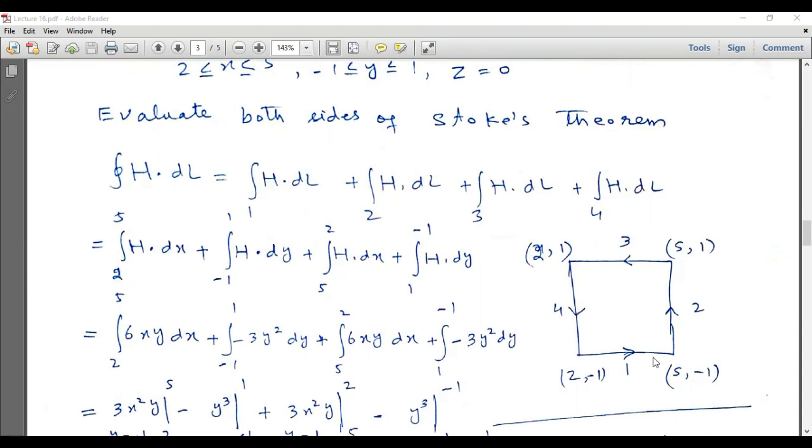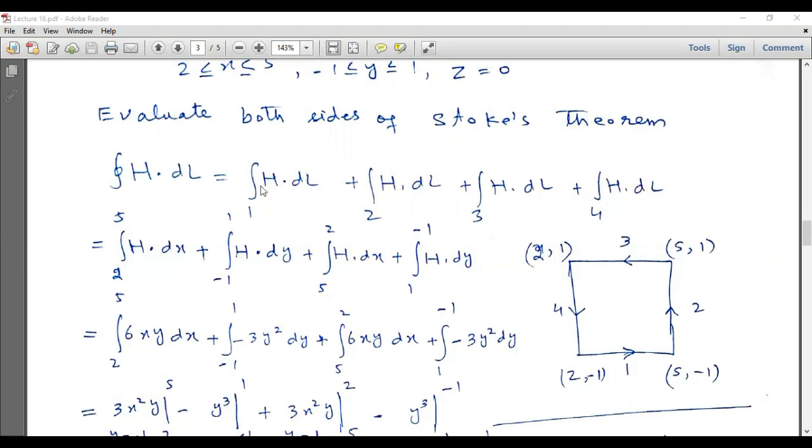So this is our path 1, and we have considered this as the x-axis and this as our y-axis. Since x varies from 2 to 5, here we have x equal to 2, here x is equal to 5, again here x is equal to 2 and here x is equal to 5. And y varies from -1 to 1, so for the lower side y is equal to -1, for the upper edge we have y equal to +1, and this square is considered as lying in the z = 0 plane.